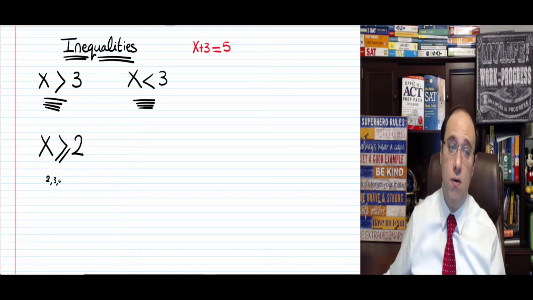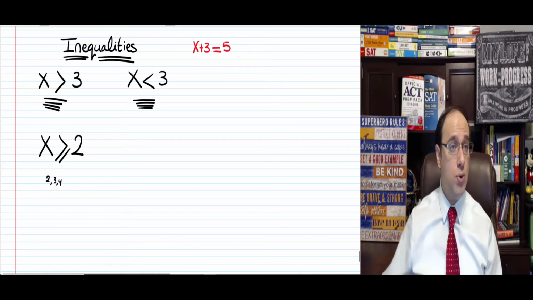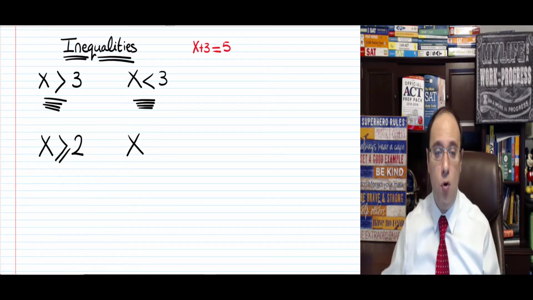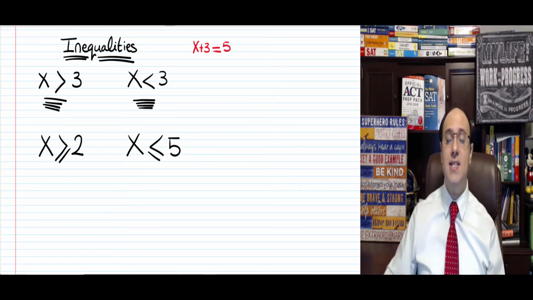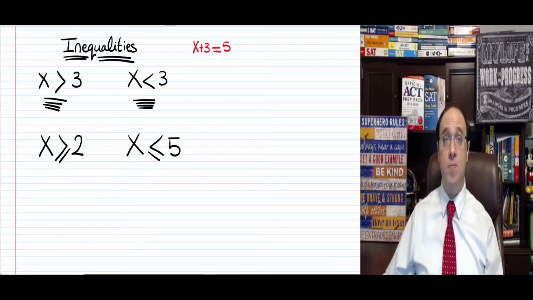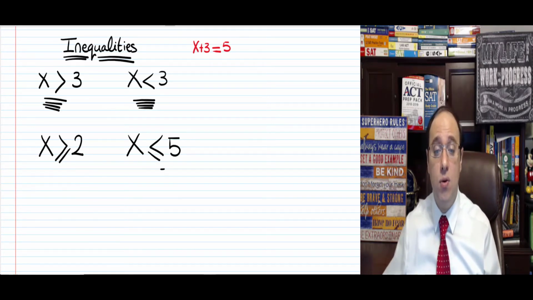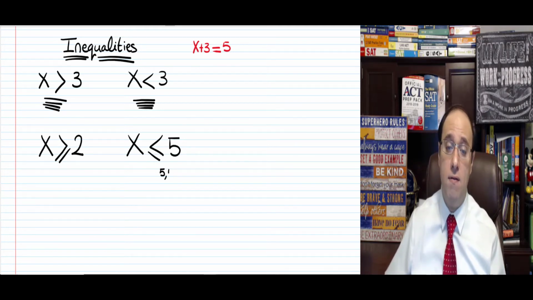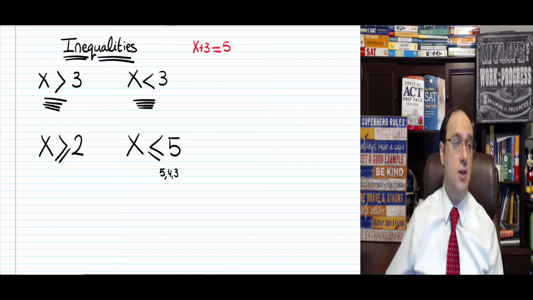So 3 or 4 and so on. Super, super easy. Now, we can also have a 4th sign, which is called x is less than or equal to 5, for example. This means that x can equal 5 or can be less than 5. So it can be 5 or 4 or 3 and so on.